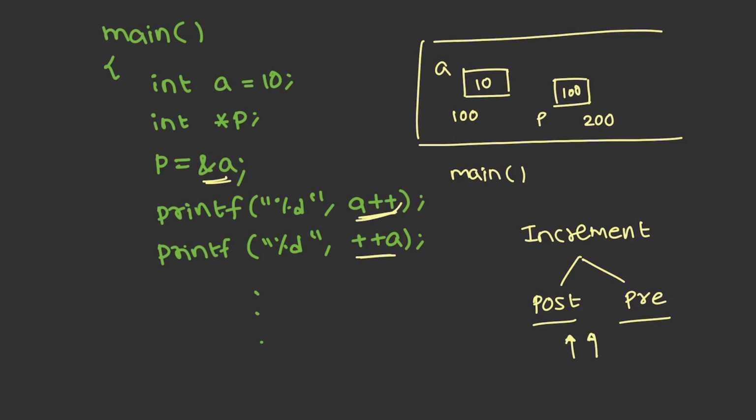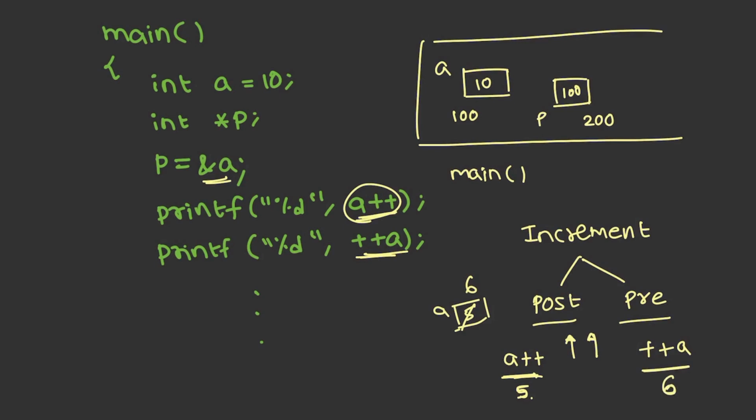But consider this is a post-increment operator and this is a pre-increment operator. If the A value is initially 5, this increases the value to 6, but it substitutes the old value. The value will be modified but the old value will be substituted. Here the value will be modified and the new value will be substituted there and then.